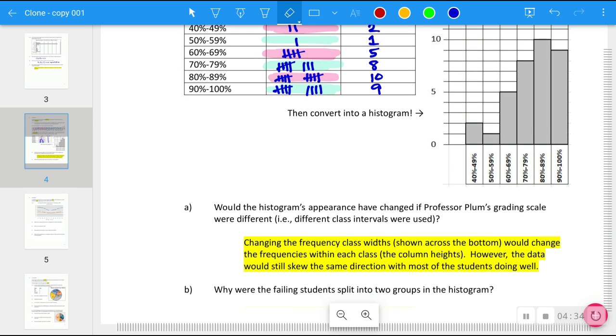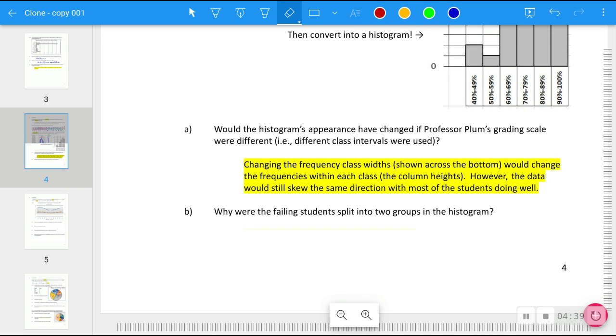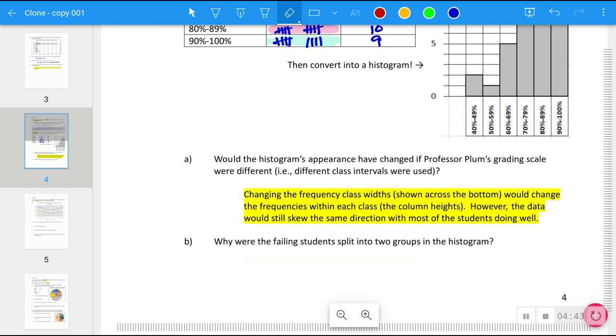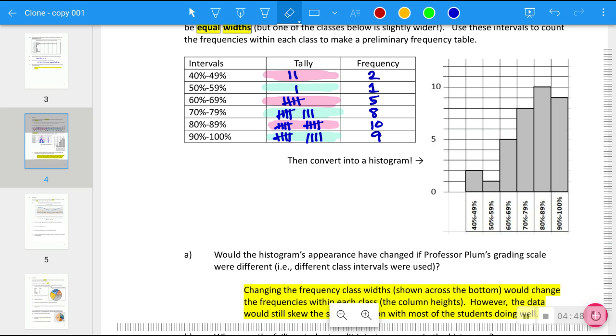That is considered to be required for these histograms. So why were the failing students split into 2 groups on the histogram? Well, the reason is that we have to keep these intervals the same.